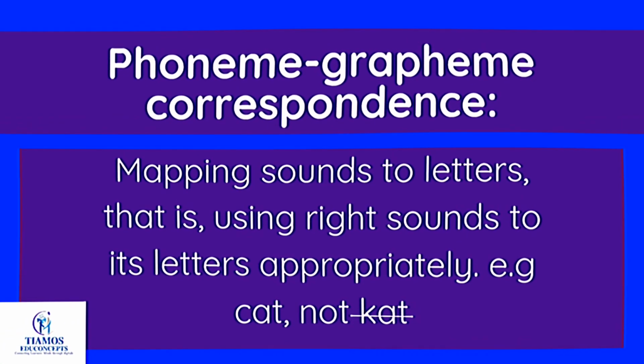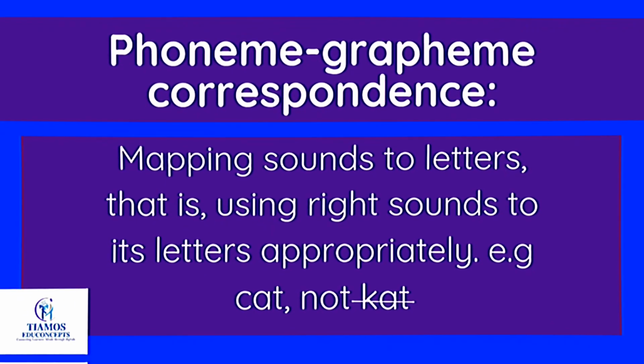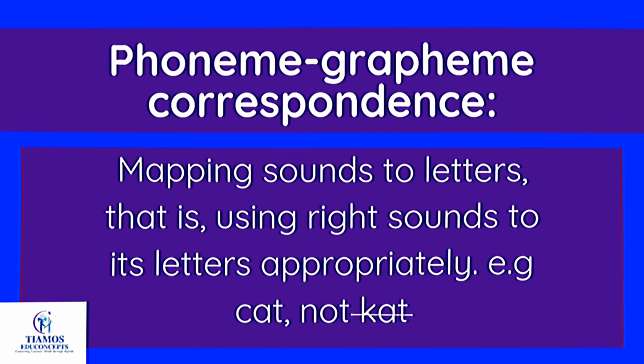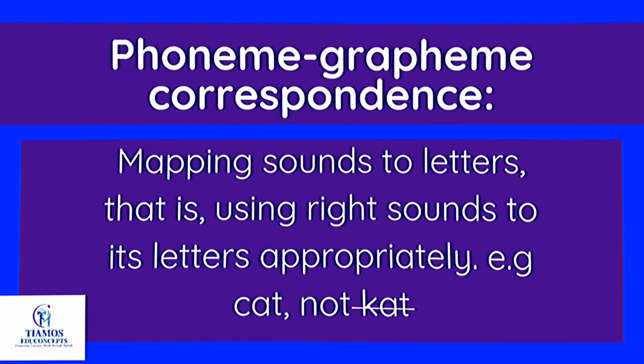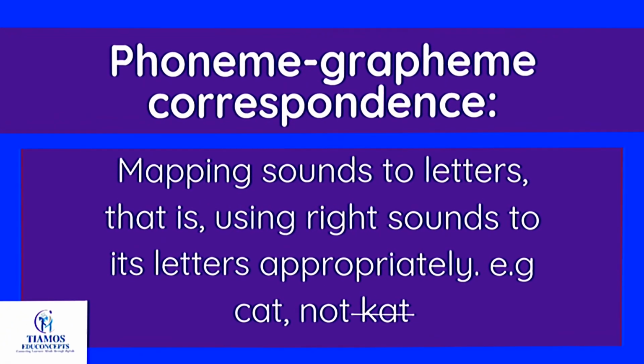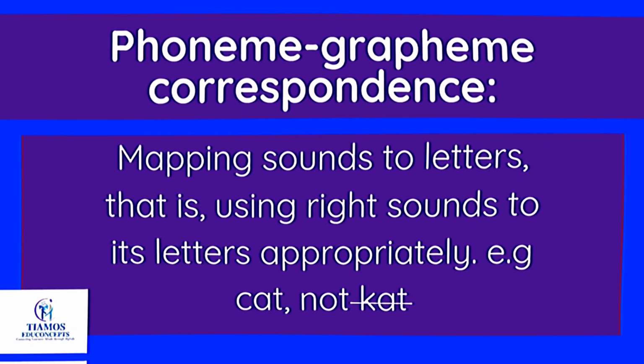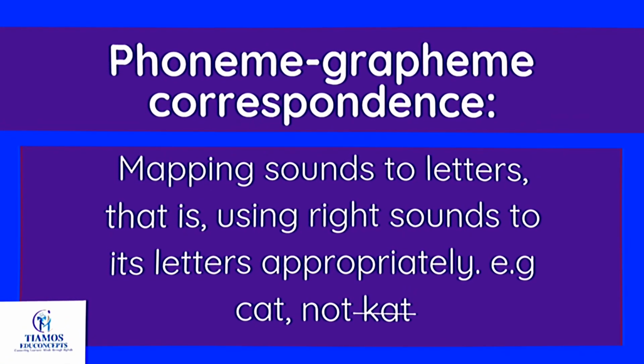Look at this example. CAT, cat, that is cat, not KAT, which is also cat. Do we get it? Thank you. We proceed to the next slide. Thank you for staying with me.